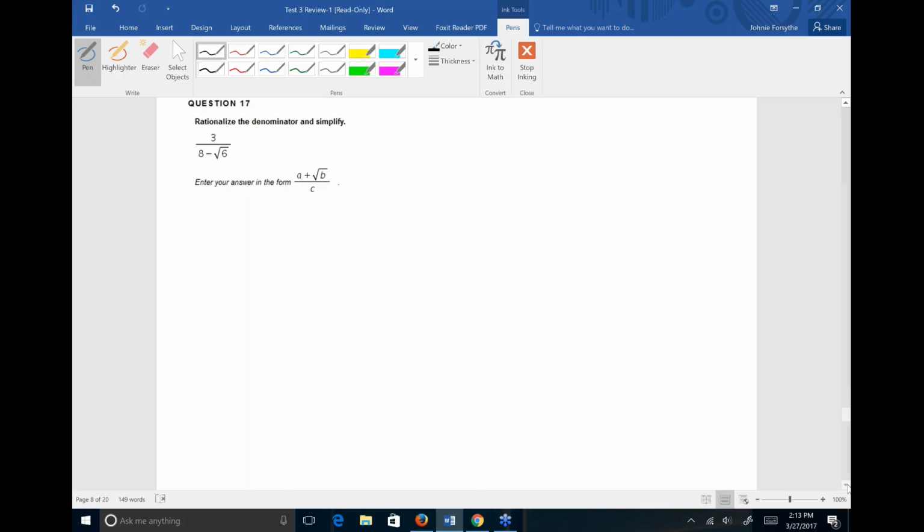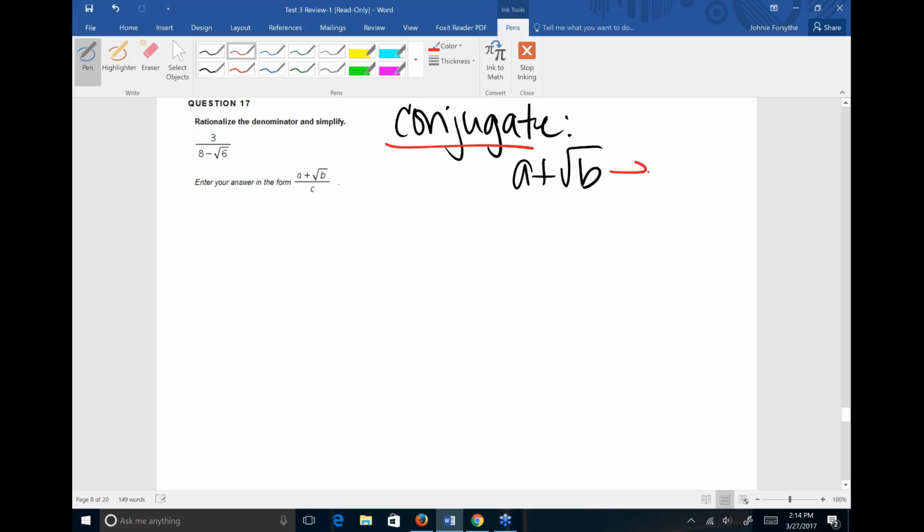Rationalize the denominator and simplify. So for problems like this, we're going to multiply the top and bottom by the conjugate. This is how you get the conjugate. So if it starts off as a plus the square root of b, the conjugate would be a minus the square root of b. We have 8 minus the square root of 6 in the bottom.